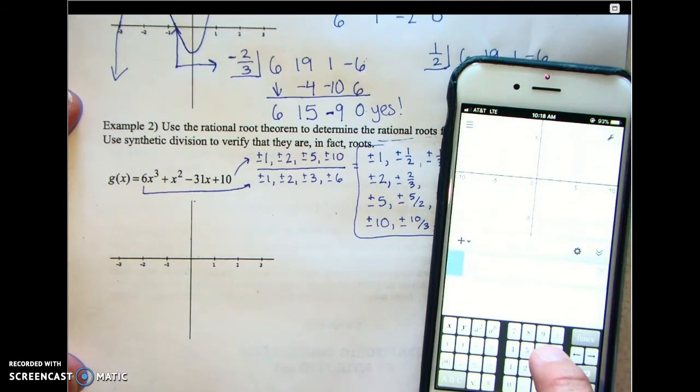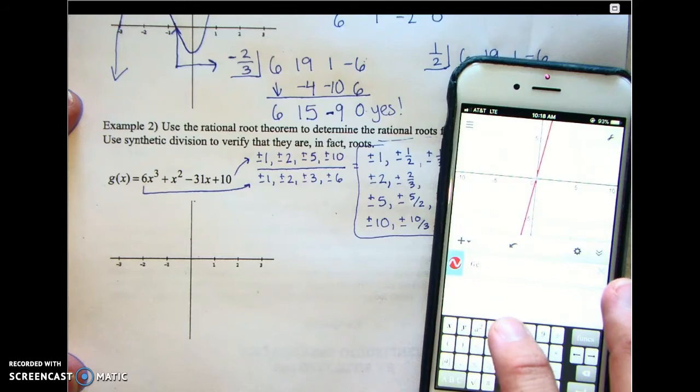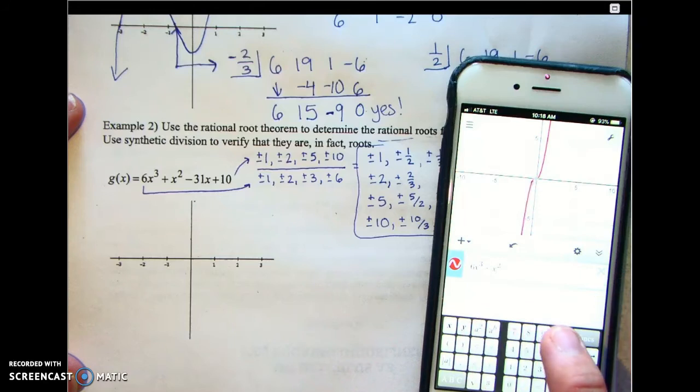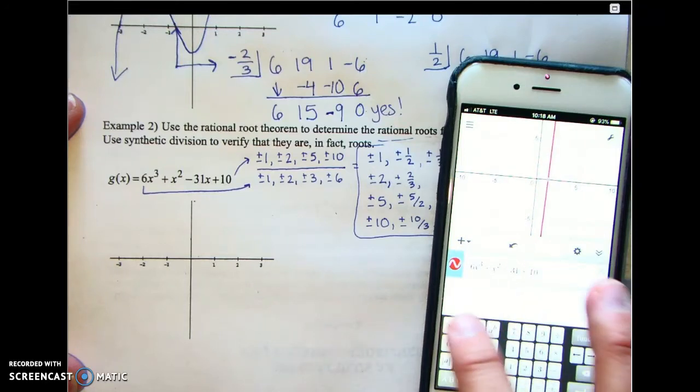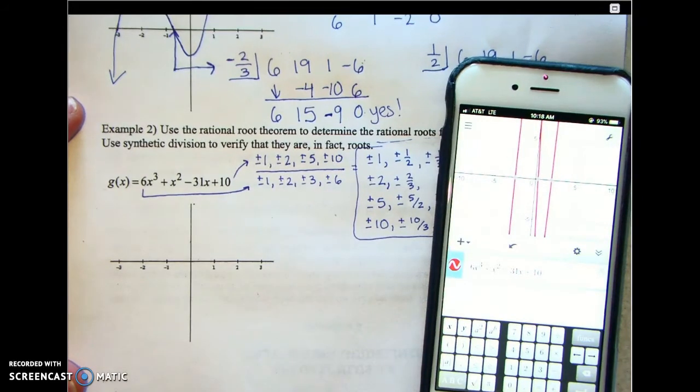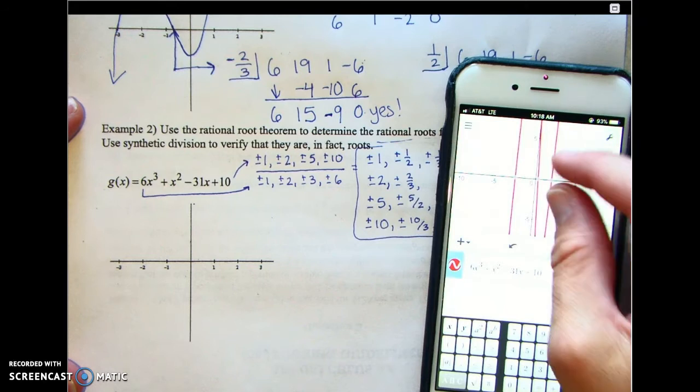Okay. 6x to the power of 3 plus x squared minus 31x plus 10. This is a good app here. Okay, there's my graph. Sorry if it's hurting your screen.